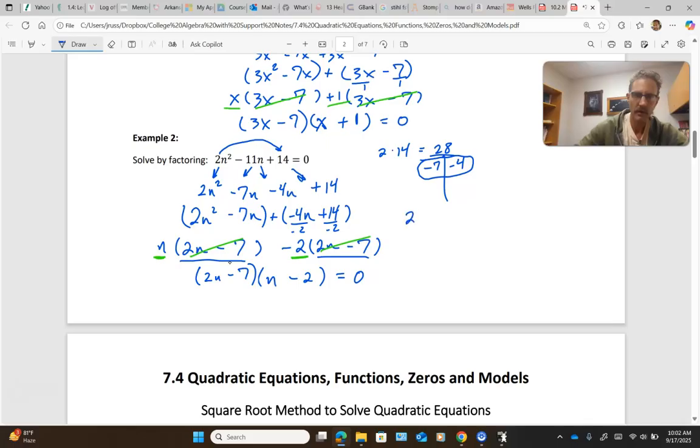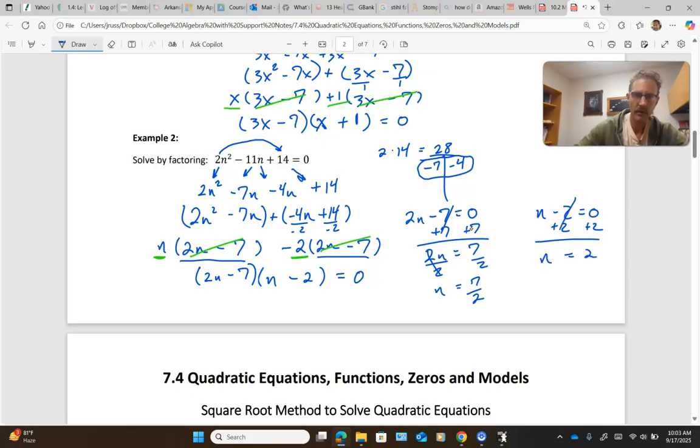Okay, so I'll do this over here. Take my first factor, set it equal to 0, and then my second factor. And so here, we would add 7 to both sides, and then divide both sides by 2. So we would get n is equal to 7 halves. And then over here, all we need to do is add 2 to both sides.